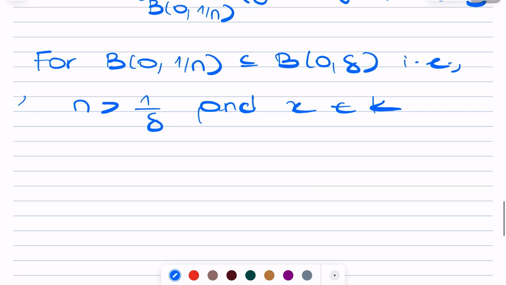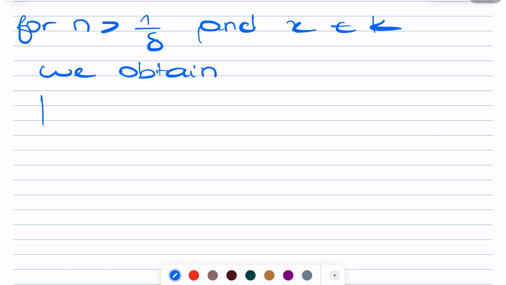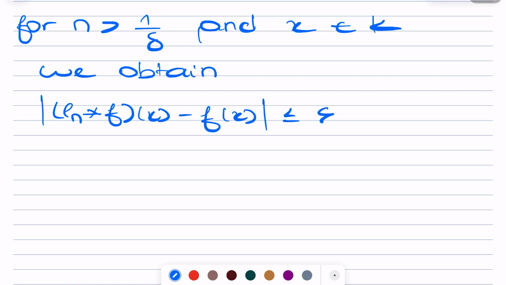that the absolute value of rho n convoluted with f applied to x, minus f of x, is less or equal than epsilon times the integral over R^n of rho n of y dy. So this is exactly epsilon.